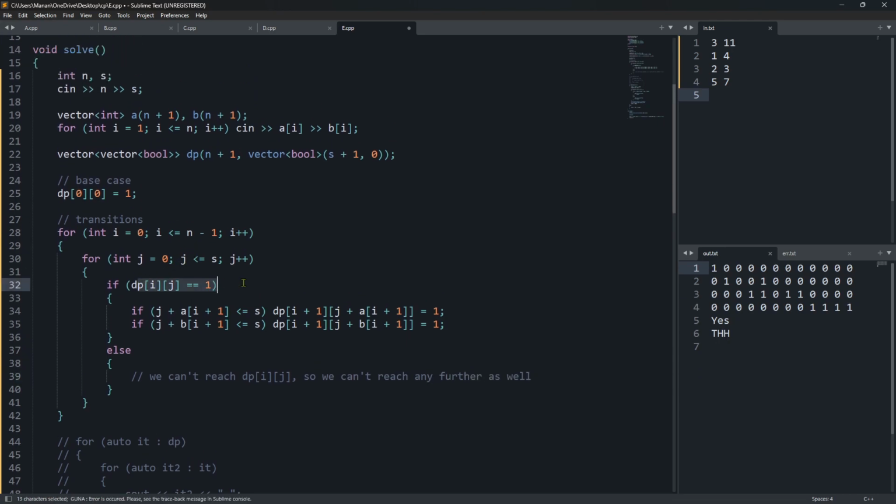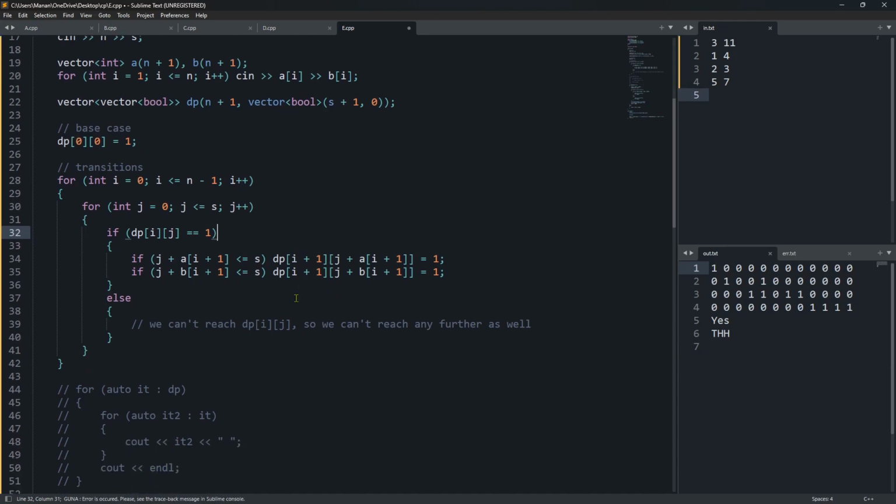And if we can reach dp of i comma j, it's 1, then the next state to consider is the first i plus 1 cards, and the i plus 1 card say has a of i plus 1 visible on it. Then this gets added to j, and the final sum is j plus a of i plus 1, and we mark it as 1 since this was reachable.